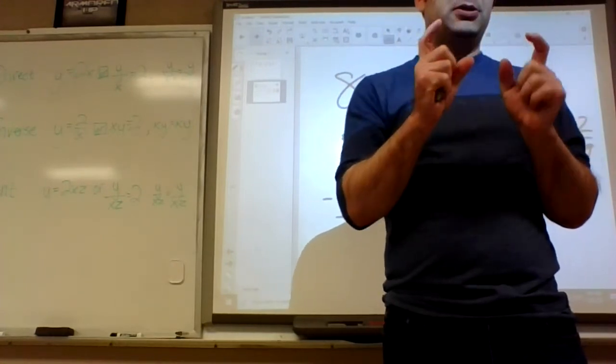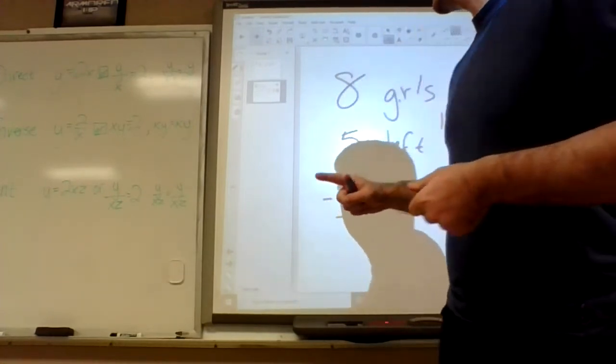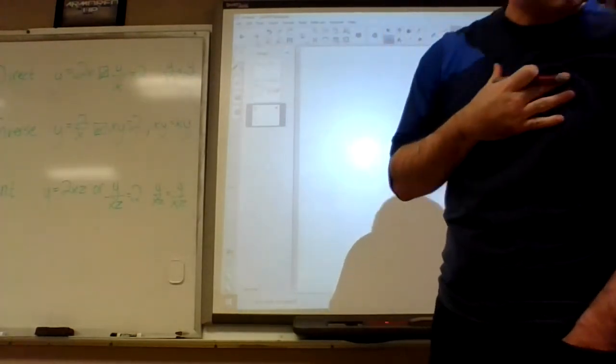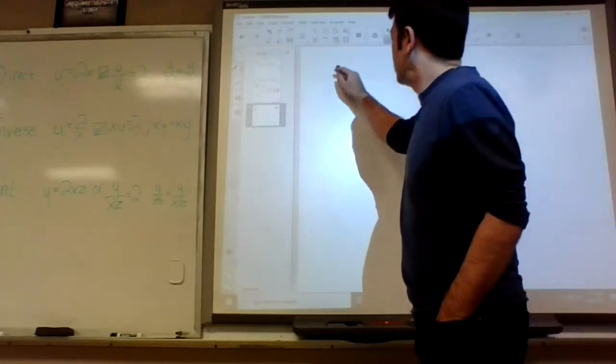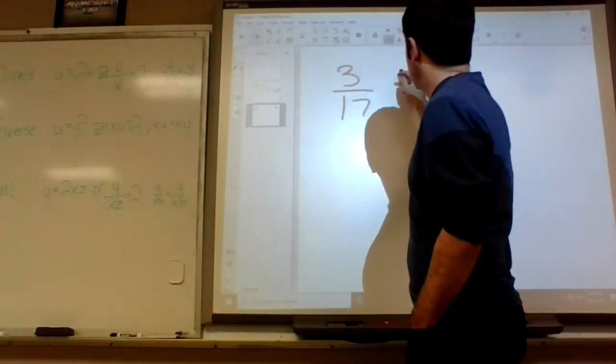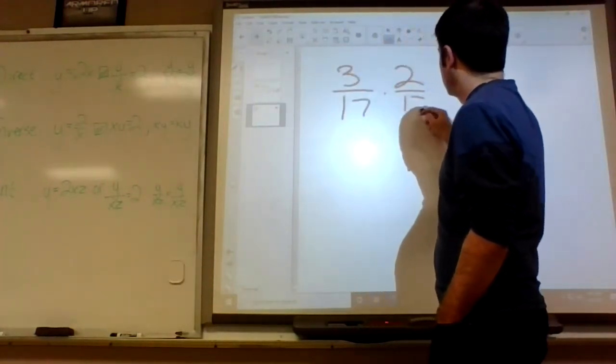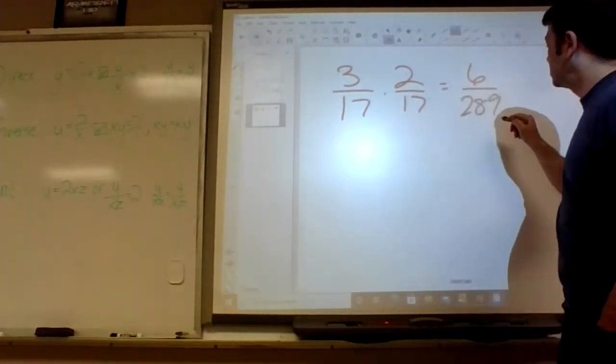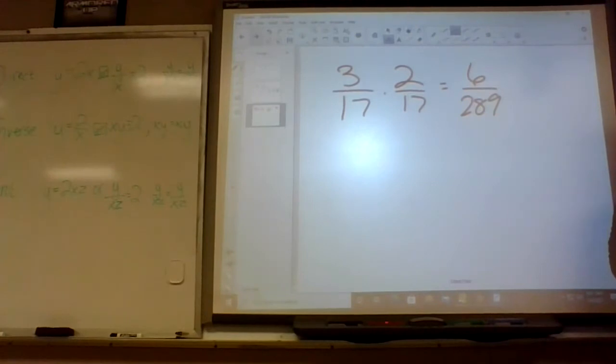So what's the probability of drawing a white, then a blue? What's the probability of drawing a white? 3 over 17, and then a blue is 2 over 17. So 6 over 289. That's drawing white, then blue.